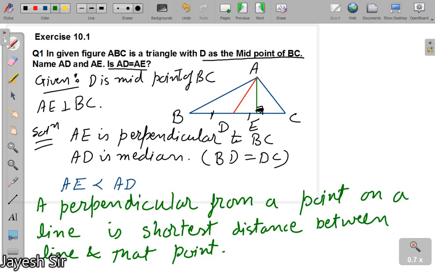Okay, so in that manner AE is less than AD. Moving on to the next question.